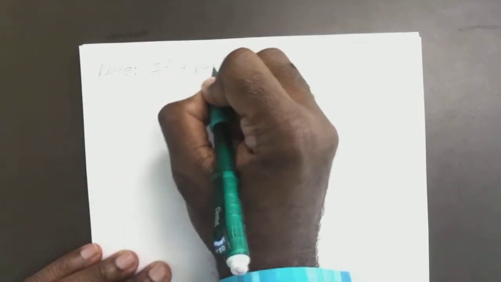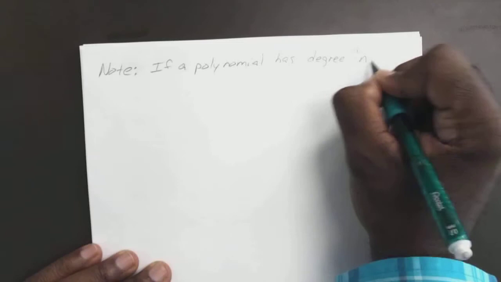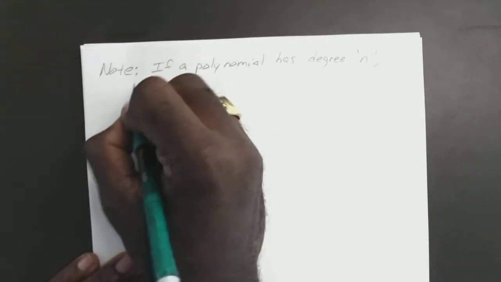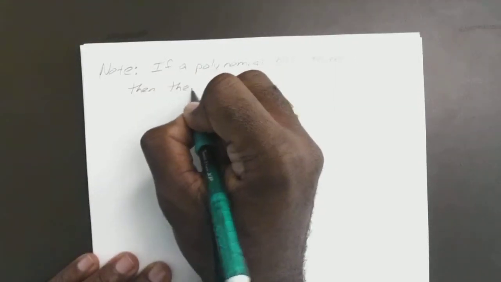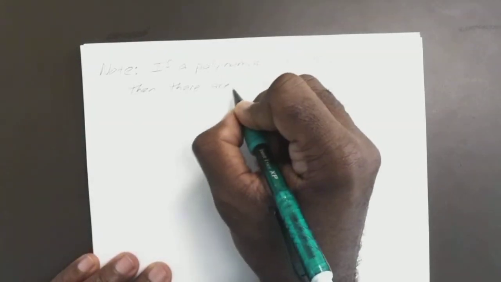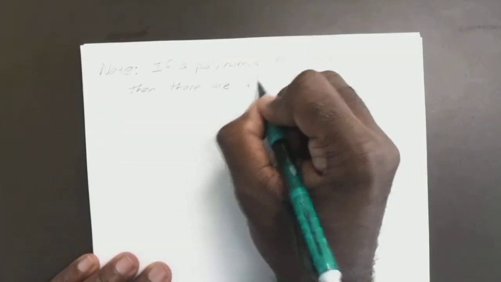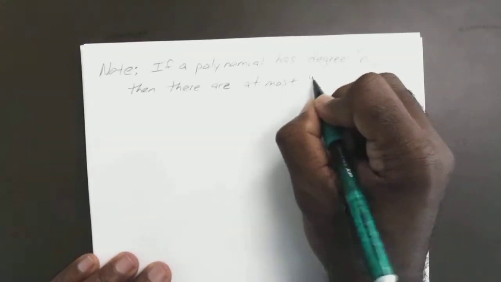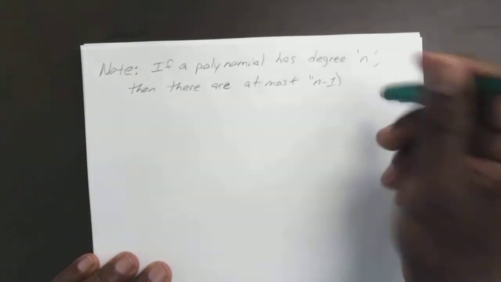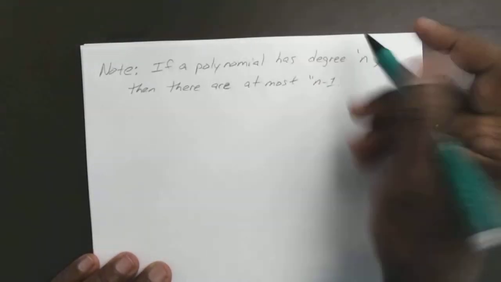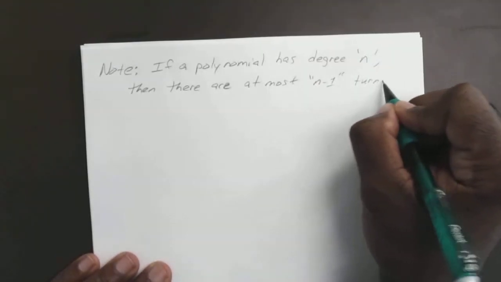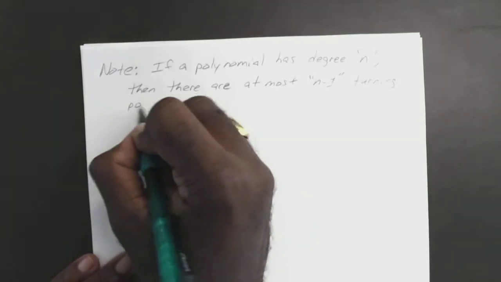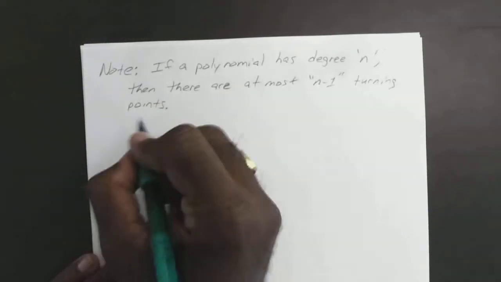Okay, so this is where you can really kind of skip step 3. If a polynomial has degree n, then there are at most n minus 1 turning points.